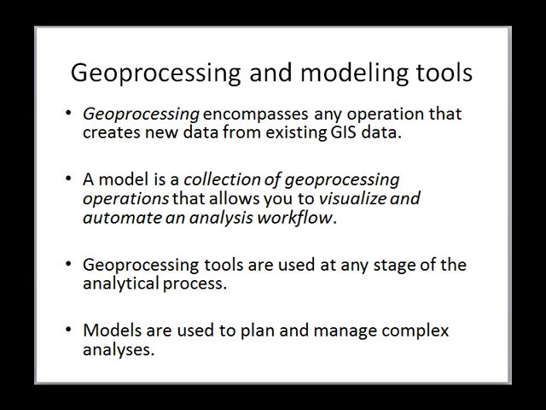So with analysis, we're talking about going from data and moving to more information. With geoprocessing, it's taking data and outputting more data. So you have to kind of think about the difference between data and information to help you better understand the subtle differences between what's just simply a geoprocessing task and what's actually performing analysis on your GIS data.